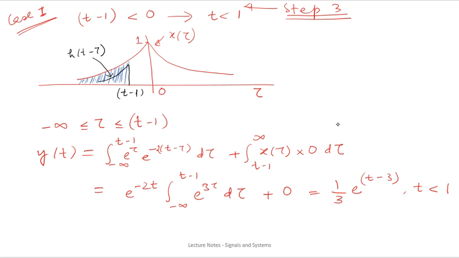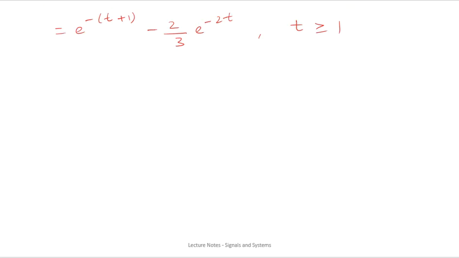So this will be e raised to the power minus t plus 1 minus 2 by 3 e raised to the power minus twice t, for t greater than or equal to 1. So you have got two different parts of this solution, two different cases you have considered. One part you got for t less than 1, which was this, and the second part of the solution for t greater than or equal to 1.